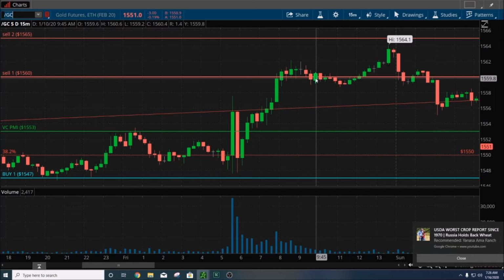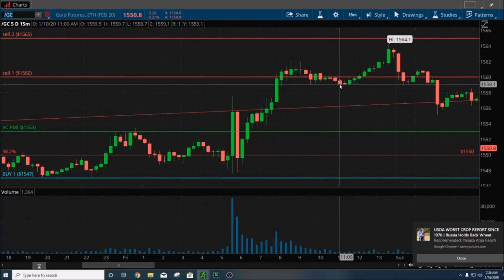Automatically your stop is a close above, which was 1560.70. So it was a small loss from 59.70, a 70-cent loss. Okay, you wait. You go short again at 59.70, and the market gives you a little bit of profit.